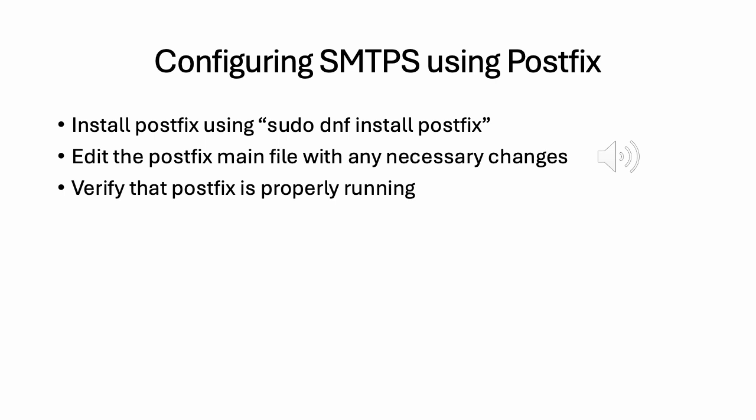Next, you modify the Postfix main configuration file to adjust settings for encryption, authentication, and access control. After making the necessary changes, you'll verify that Postfix is running properly to ensure that emails are transmitted securely.